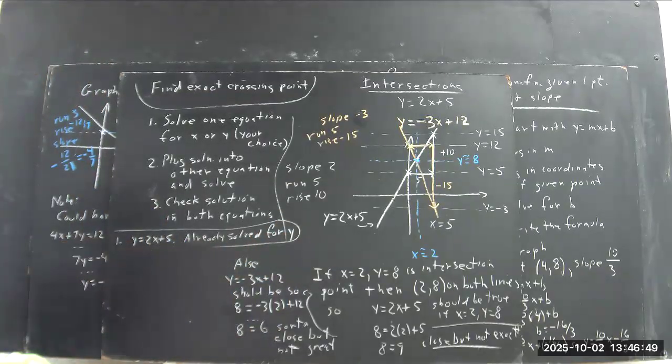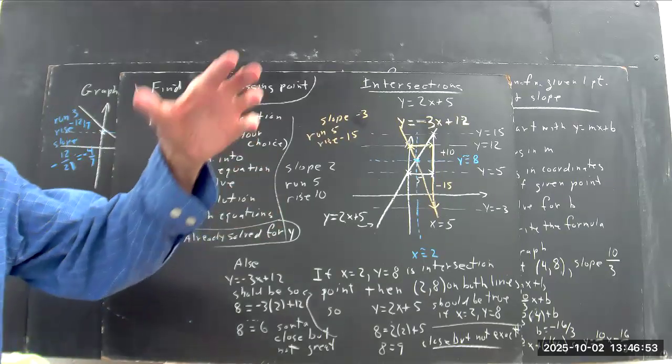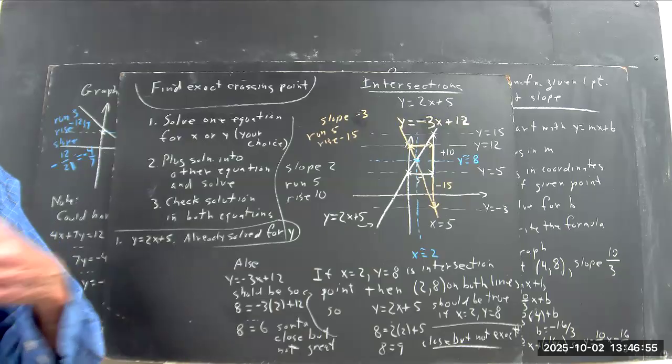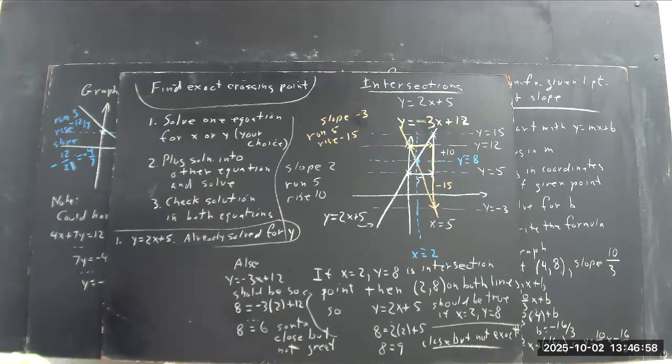This equation's already solved for y. Now, if you had an equation like 2x plus 6y equals 19, you'd have to solve for one of the variables, okay? But this one's already solved.